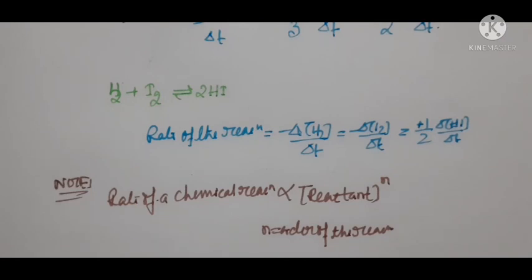In our next class, we will discuss another very important topic from chemical kinetics, and that is the factors affecting the rate of chemical reaction. The different factors which affect the rate of chemical reaction will be discussed in our next class.